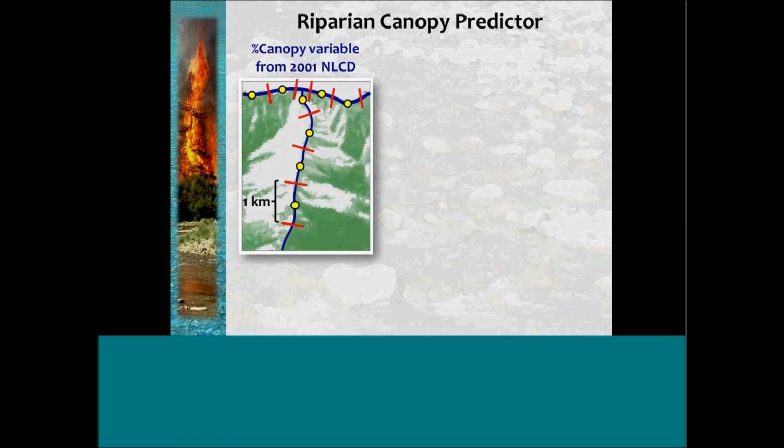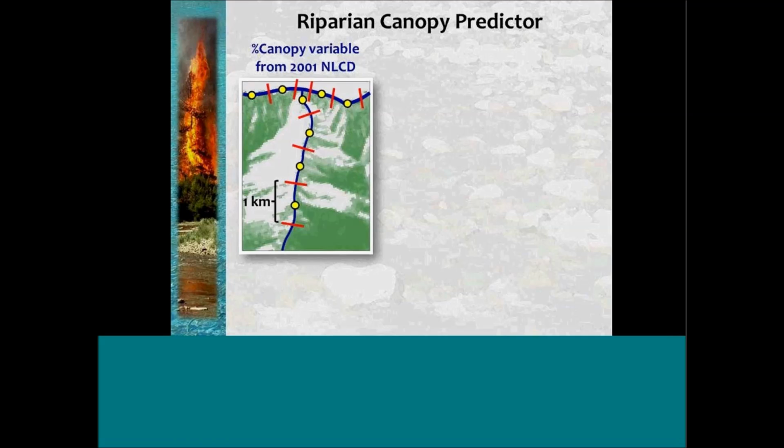In our case, because all these variables have to be things that are already represented geospatially across broad areas, so that we can pick those up and use them as predictors as we go into modeling different places, we're using the percent canopy variable from the 2001 National Land Cover Database. We've tried different ways of looking at this, and we would always compare it back to some places where we had some really good radiation estimates to figure out what worked best before we made the decision to go forward with this.